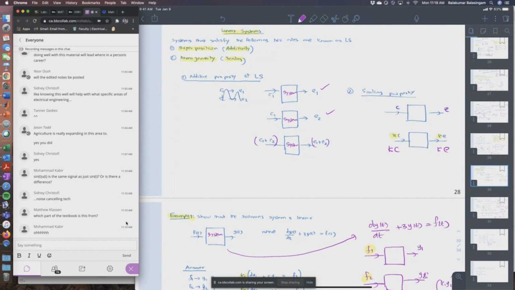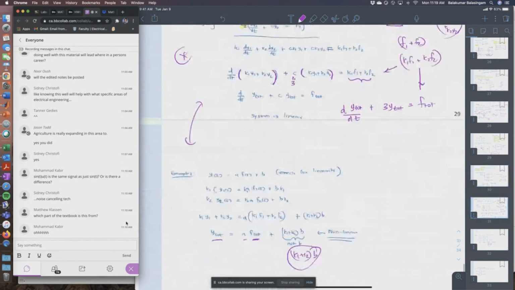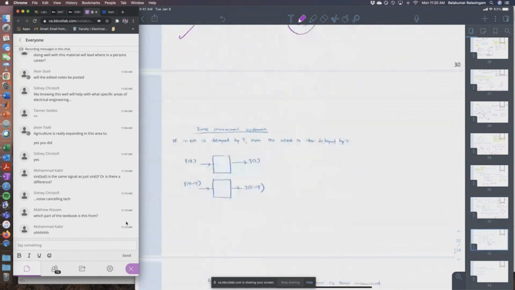In general, when you give K1 C1 plus K2 C2 as an input, you should get K1 E1 plus K2 E2. That's what we are checking. We checked here and it was the case, and we declared that a linear system. We did the same here, but it did not work. So we are saying that's not a linear system according to our definition.